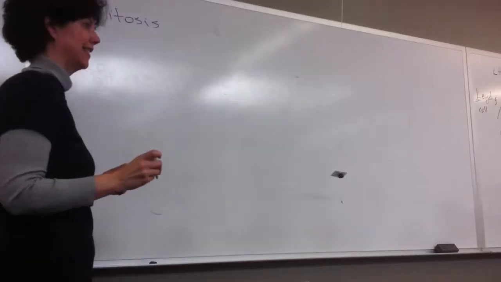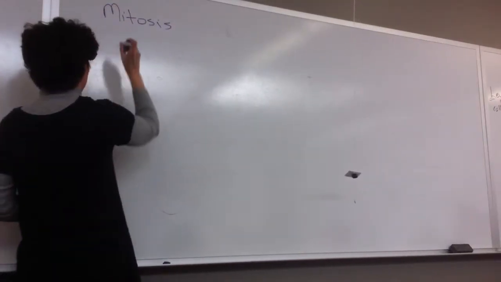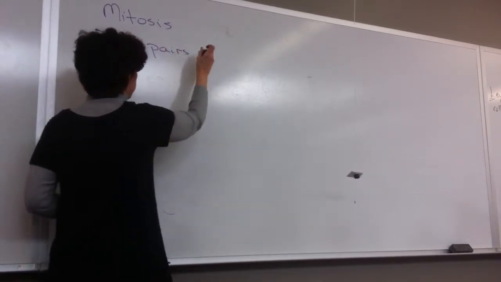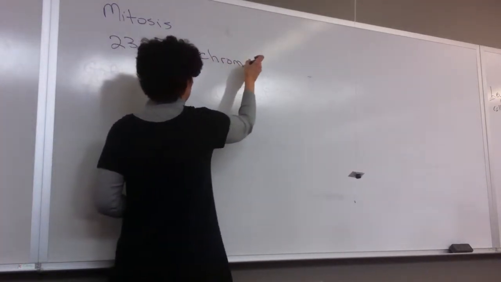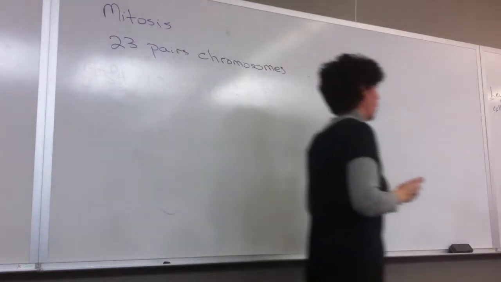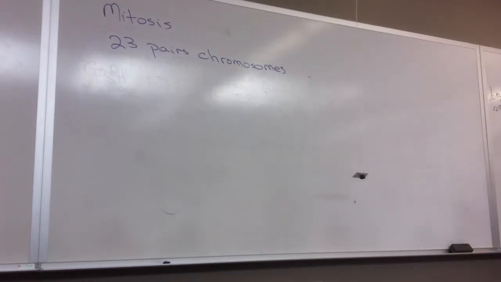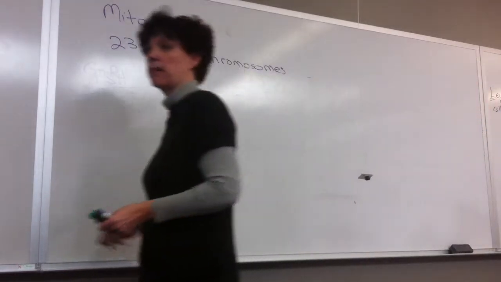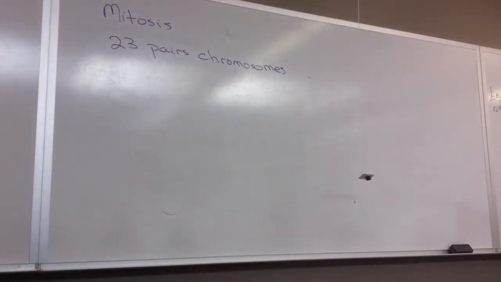So in mitosis, we start out with 23 pairs of chromosomes. For each pair of chromosomes, one came from the mother of this male, okay, we're talking about the mitosis it's undergoing for typical body cells, and one came from the father.